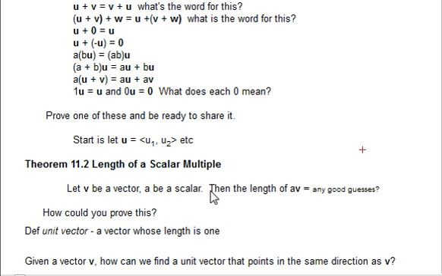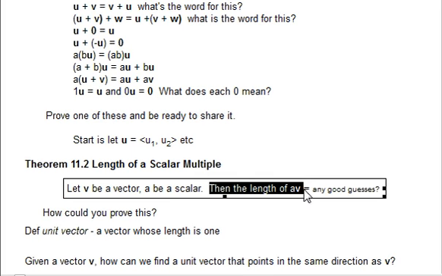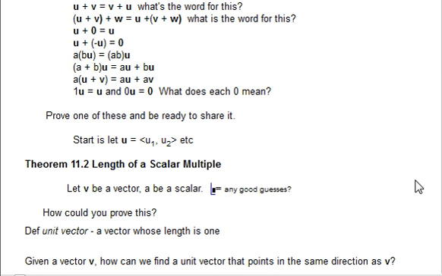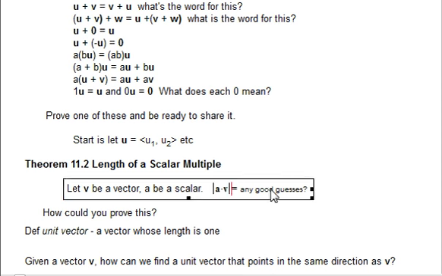I probably could have typed this one in a nicer way, instead of saying the length of av, I could have done this with symbols. Why can't I do this? Because my a here doesn't look like a scalar.